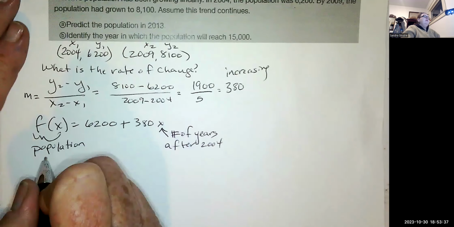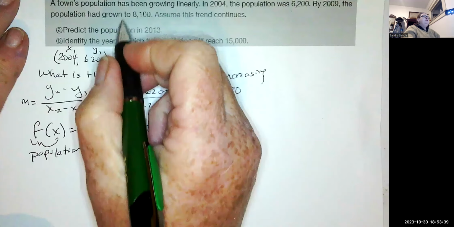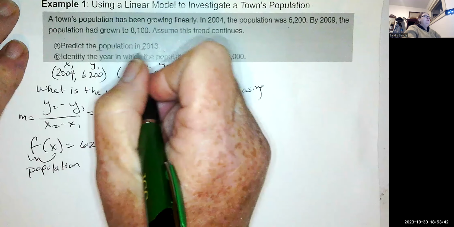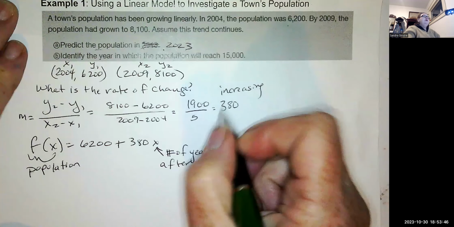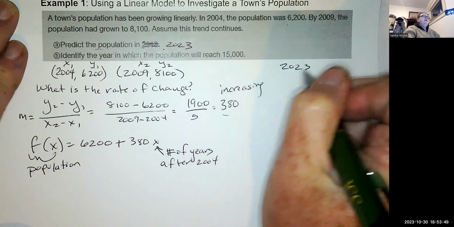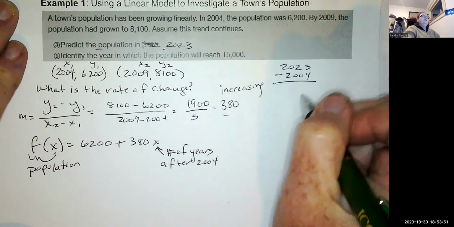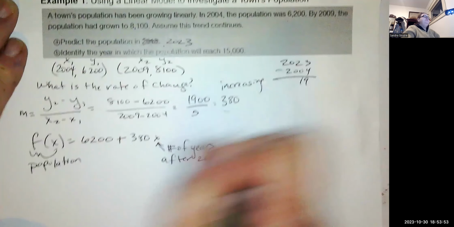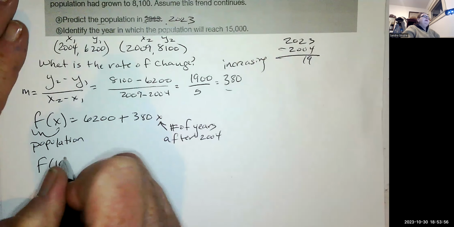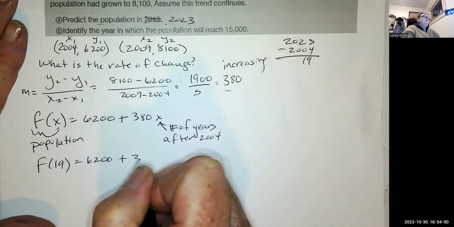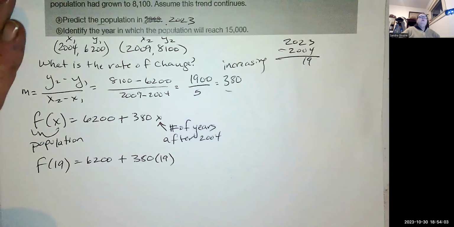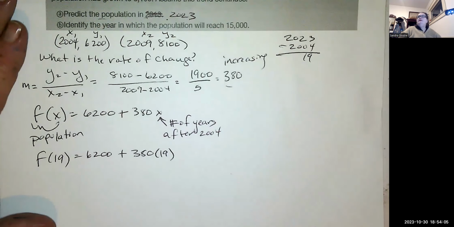All right. So we want to know what's the population in 2013. Let's do 2023, is what I remember doing. In 2023, this year, I want to know what the population is. So I would take 2023, subtract 2004, and I would get 19. So 19 years after 2004, population, that's the setup for it, 380 times 19 plus 6,200.